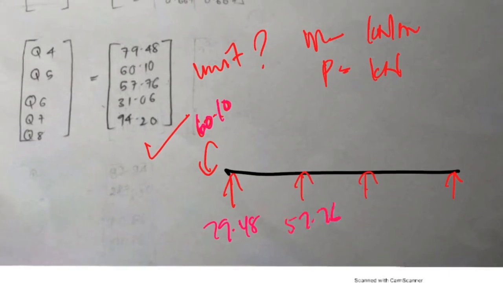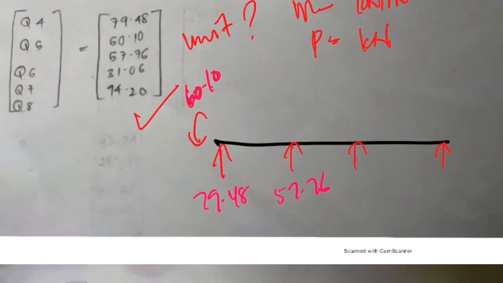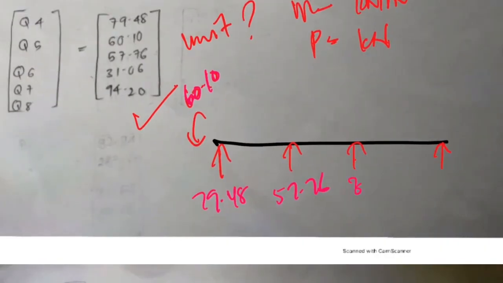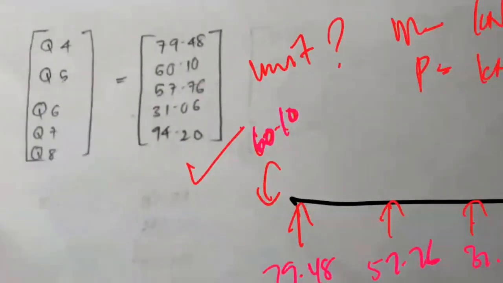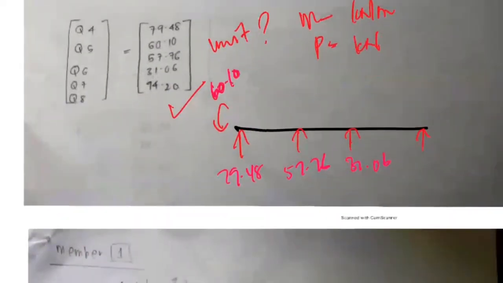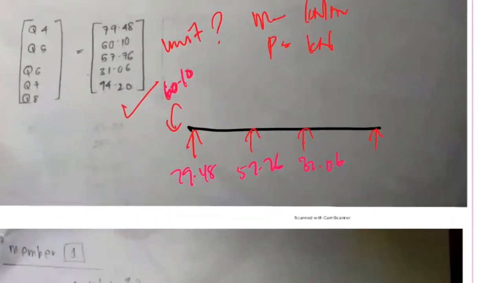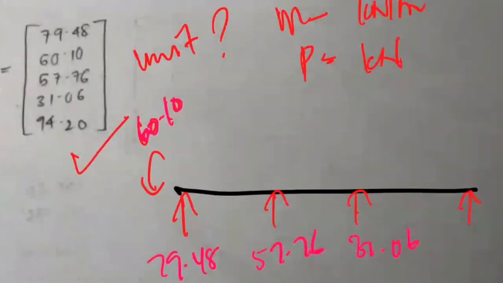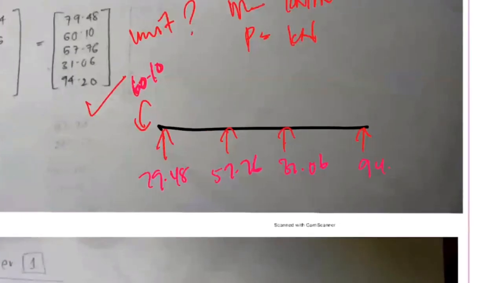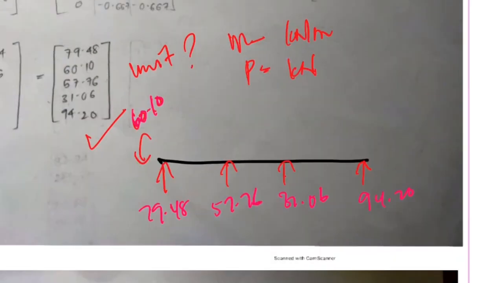6 is 57.76. And then 31.06, and 94. Is it 7 or 9? 94.20. Okay.